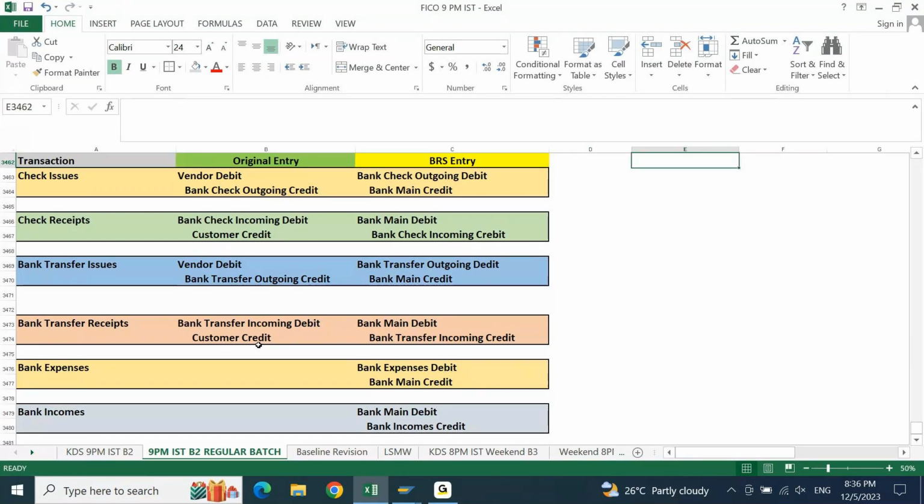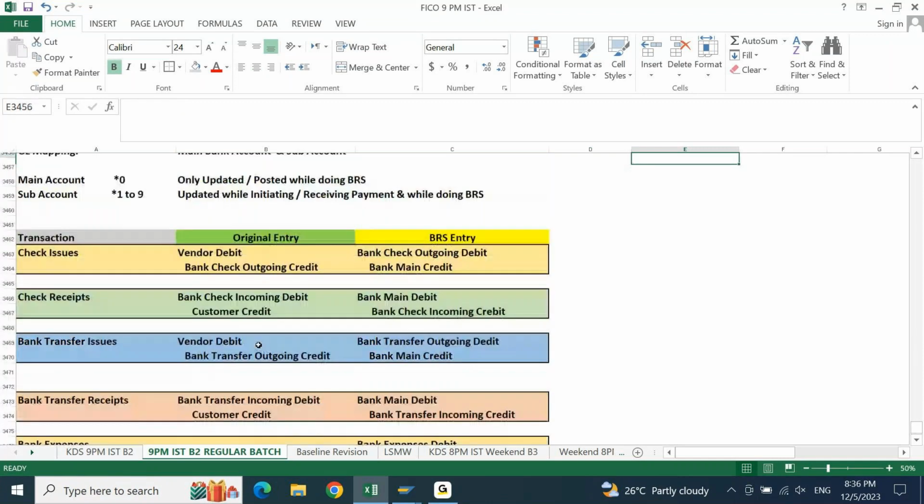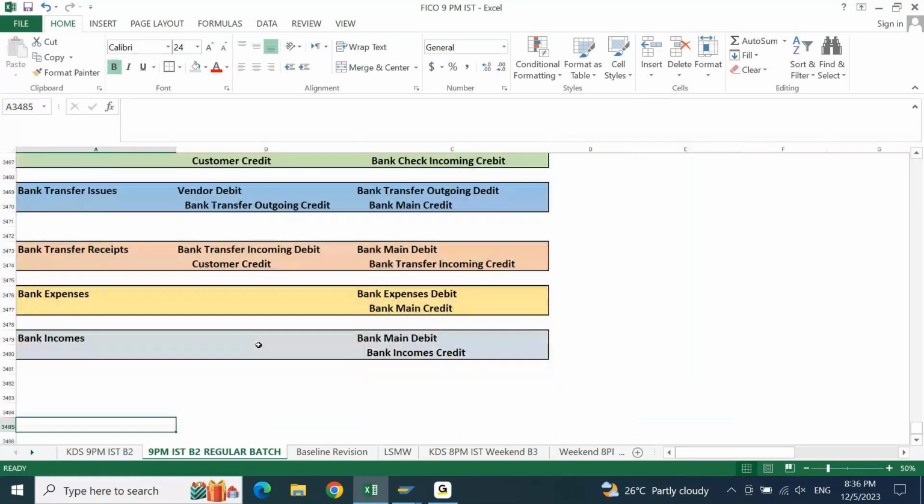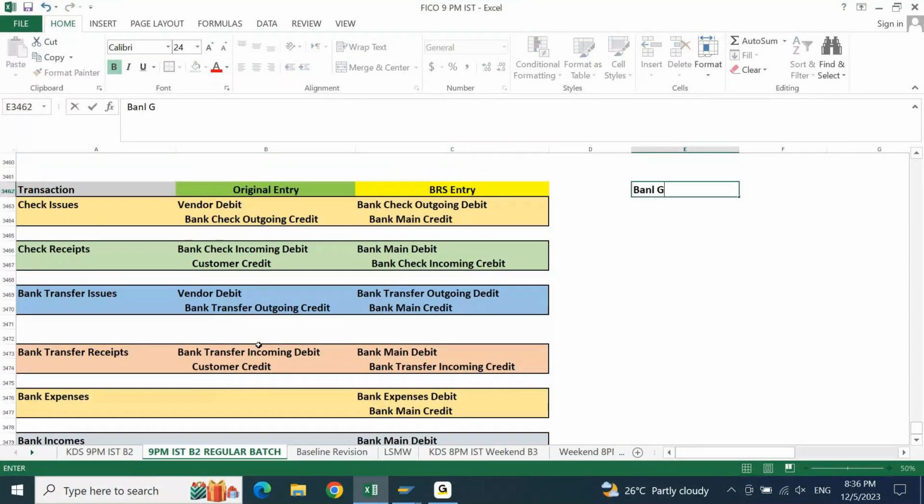I will write here: bank GL mapping. So I'll say main bank ending with 0.